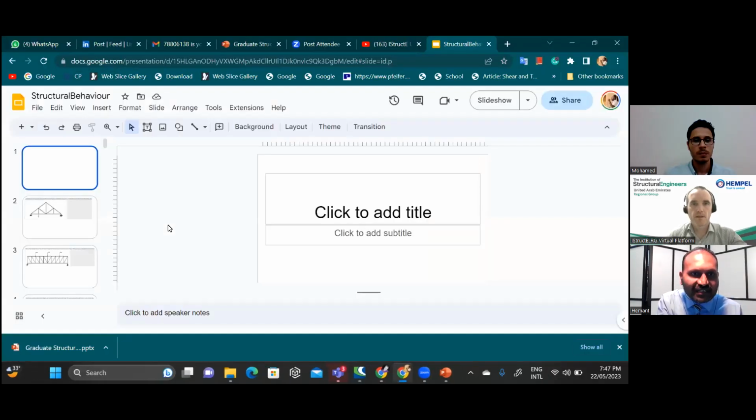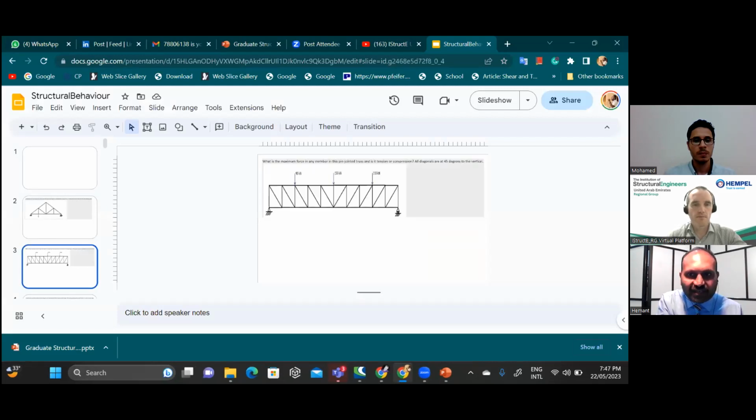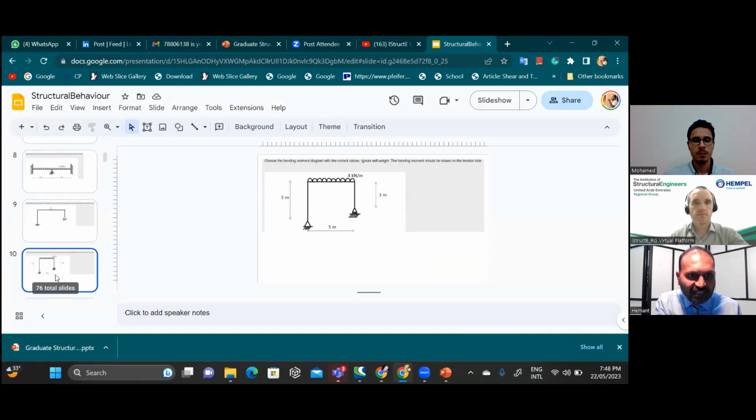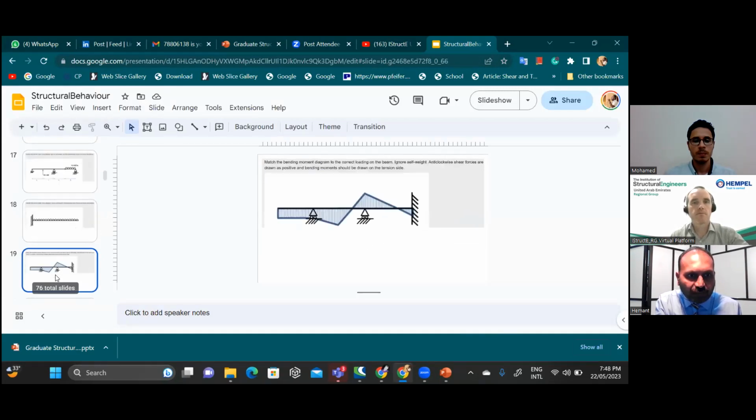I will share my screen to show one case where the candidate is asked to calculate. There will be a problem asking the candidate to calculate force in a particular bracing. We can just calculate the reactions, and we can calculate directly the force in a bracing member.